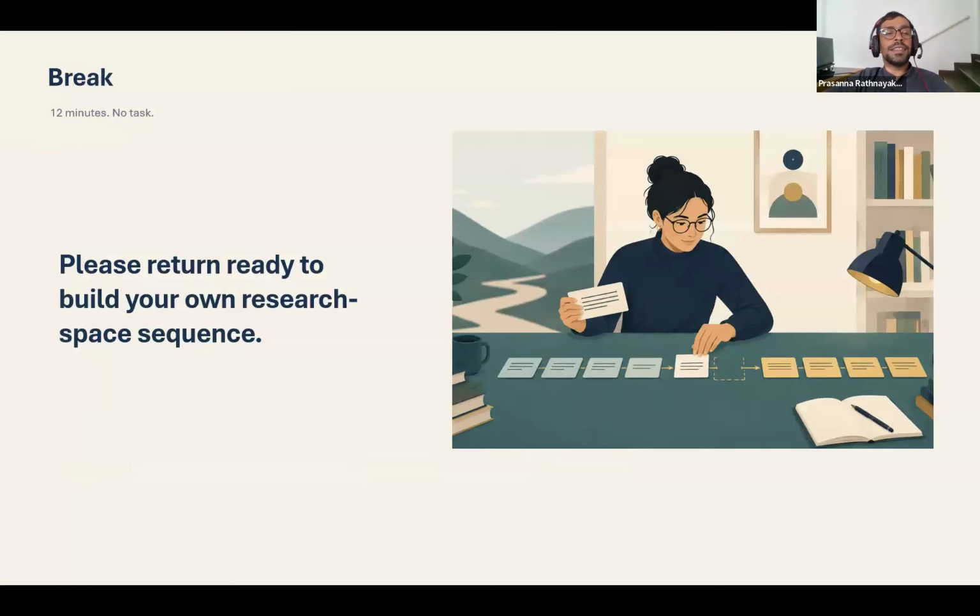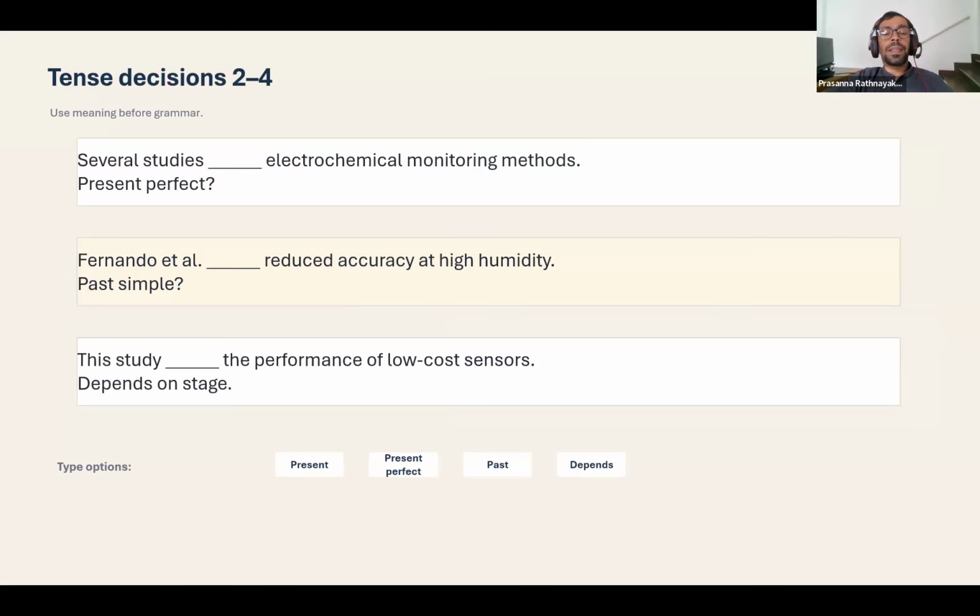All right, yes. My dear friends, it should be reported in past because this refers to one completed study, Fernando, another study. So it is a study done, so it should use the past tense.